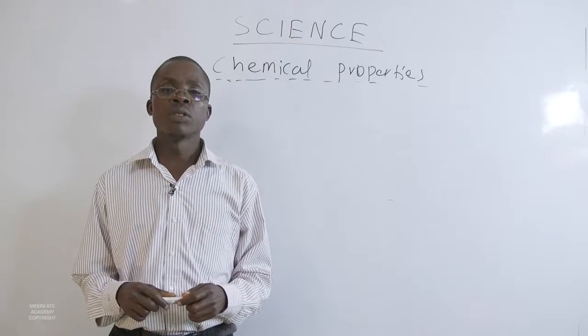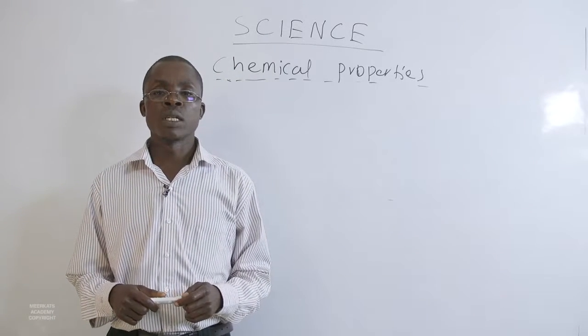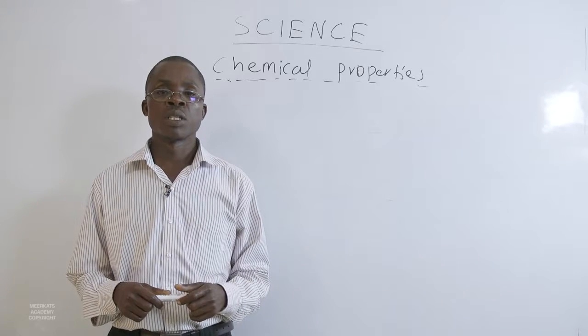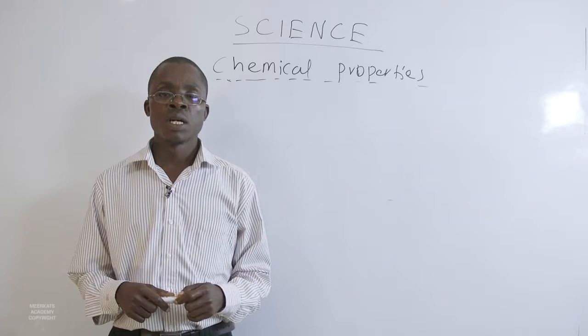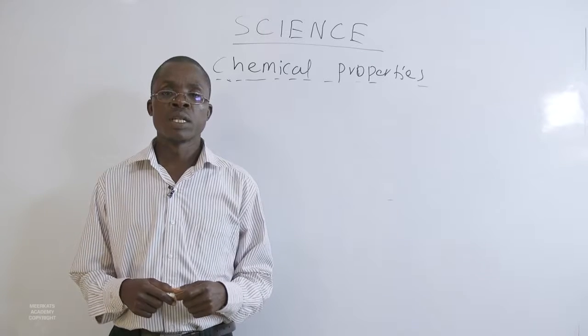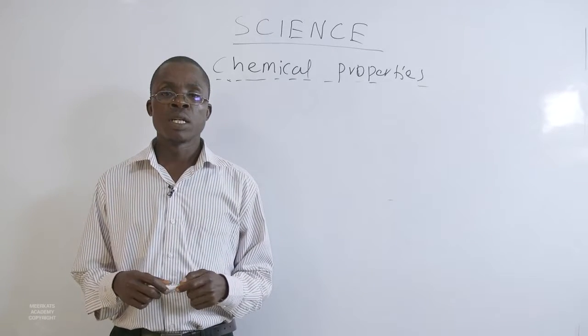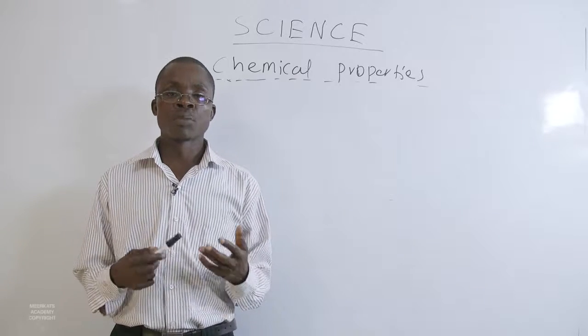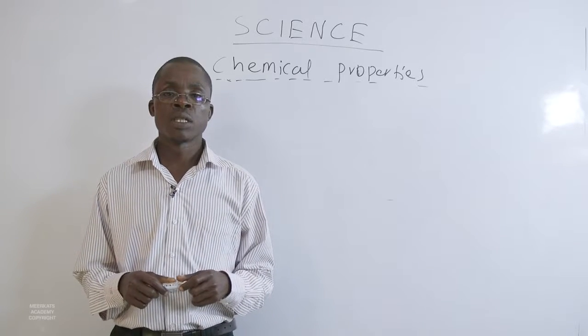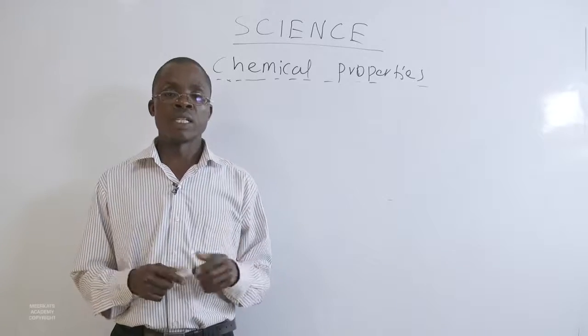In our previous lesson, we looked at the physical properties of substances, and we realized that in physical properties, we only try to look at the description of a substance physically.